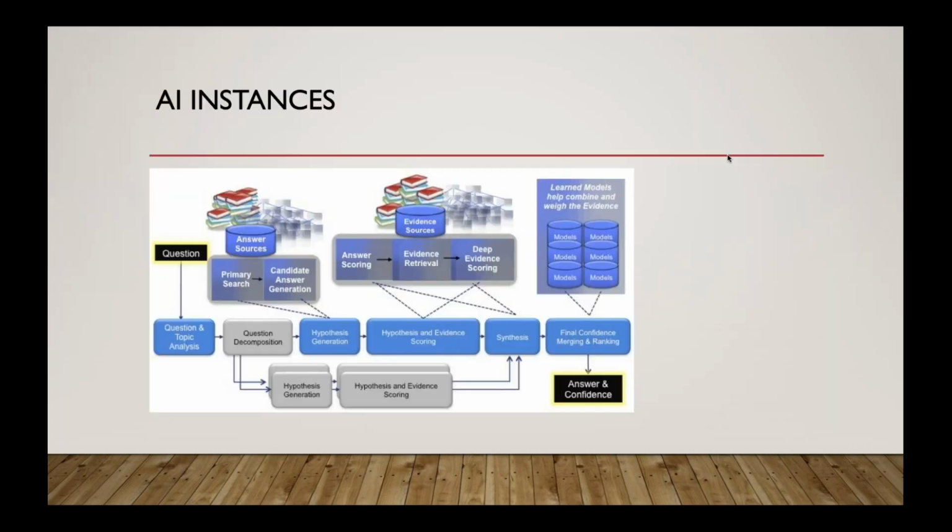So this is more about the internal working of a particular bot. This is precisely about IBM Watson. You can see a lot of engines out there, like how the query is being decomposed, how different hypotheses are being generated, and how the evidence and hypotheses are scored over a period of time. When you search on a search engine, you might be getting thousands and thousands of answers, right?